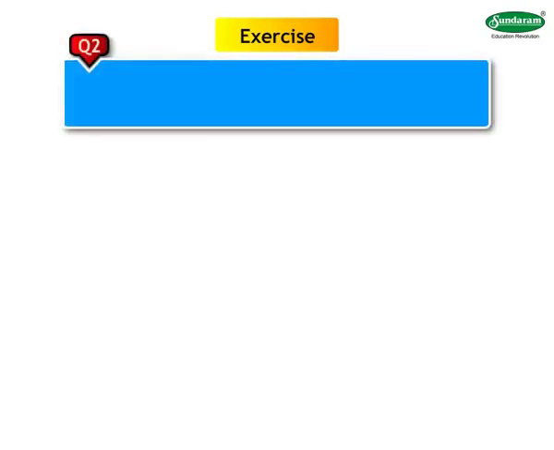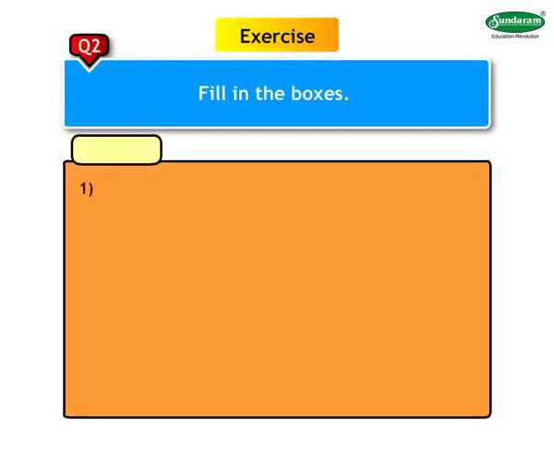Question 2. Fill in the boxes. 1. 7 nines are 63. Hence, 63 divided by 7 is equal to 9.